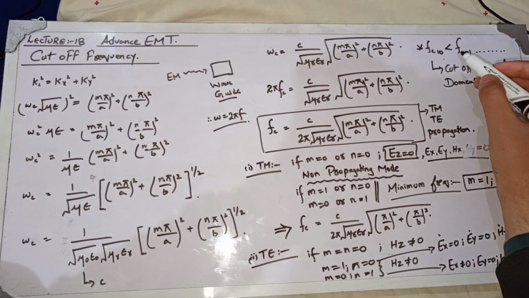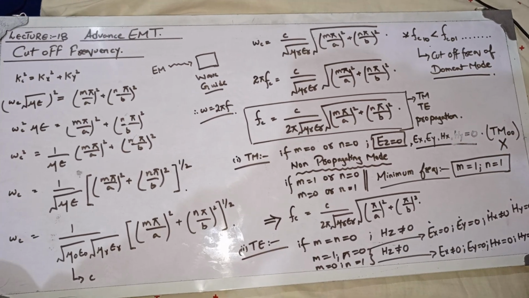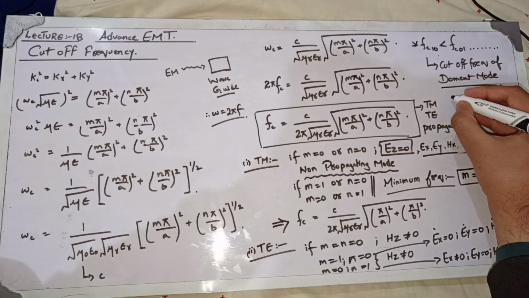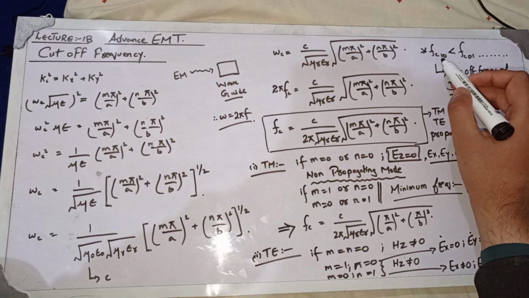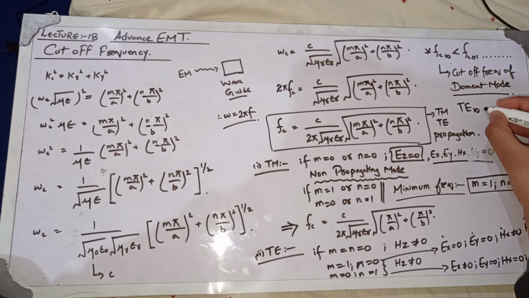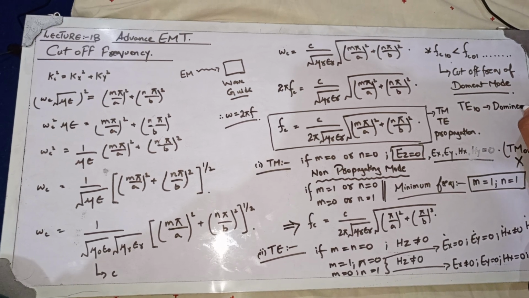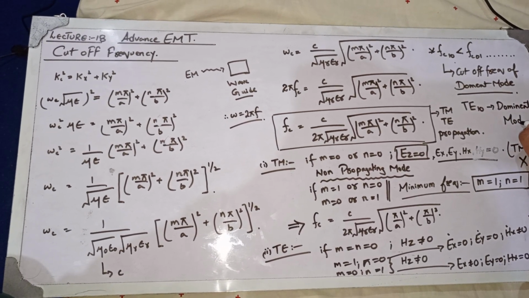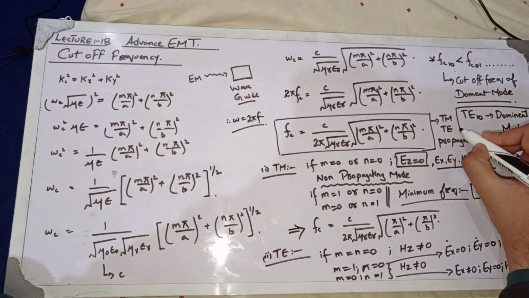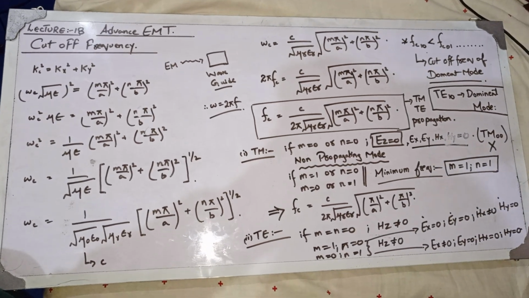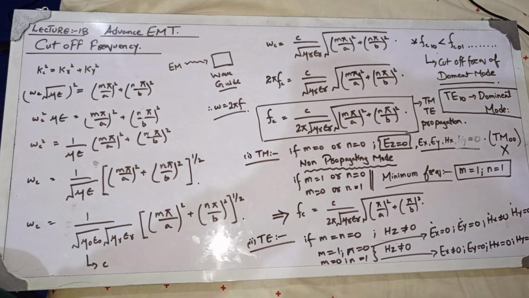That's why this fc10 is called the dominant mode. We are taking 1 0, meaning m is 1 and n is 0, so TE10 is called the dominant mode. So what is the dominant mode? Yes, TE10 is the dominant mode, and this fc10 is called the cutoff frequency of the dominant mode.